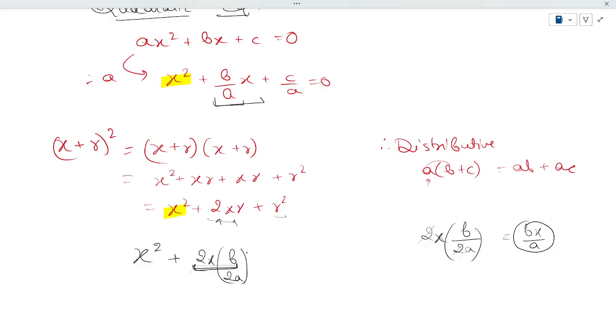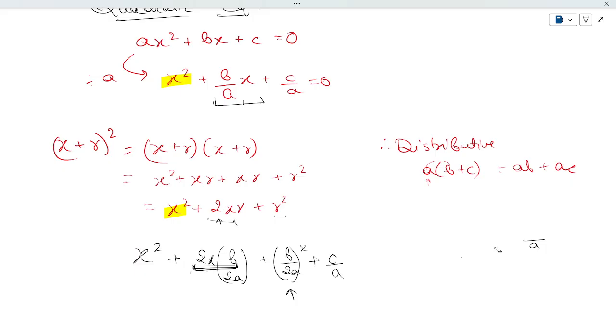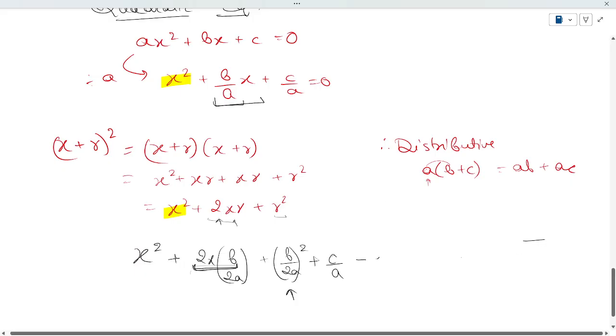And from here you get the value of r squared, that is b upon 2a whole square. And originally we have from the equation c upon a. So what additional thing we have done here is we have added this term. It disturbs the balance of our equation, right? So we have to subtract the same term to balance this equation.